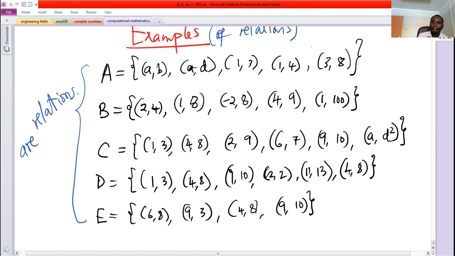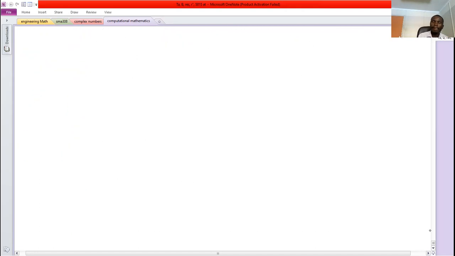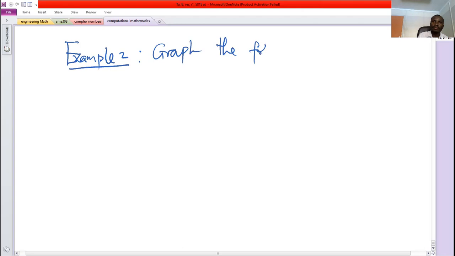Now, example 2: graph the following relations.